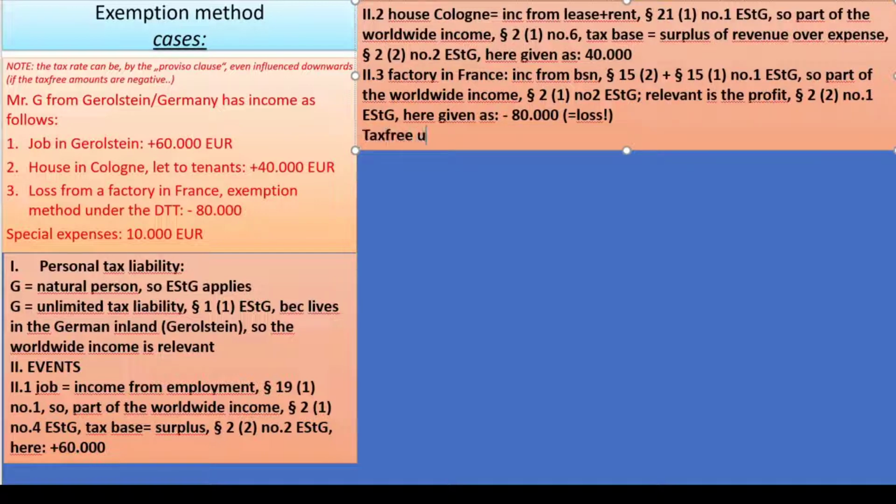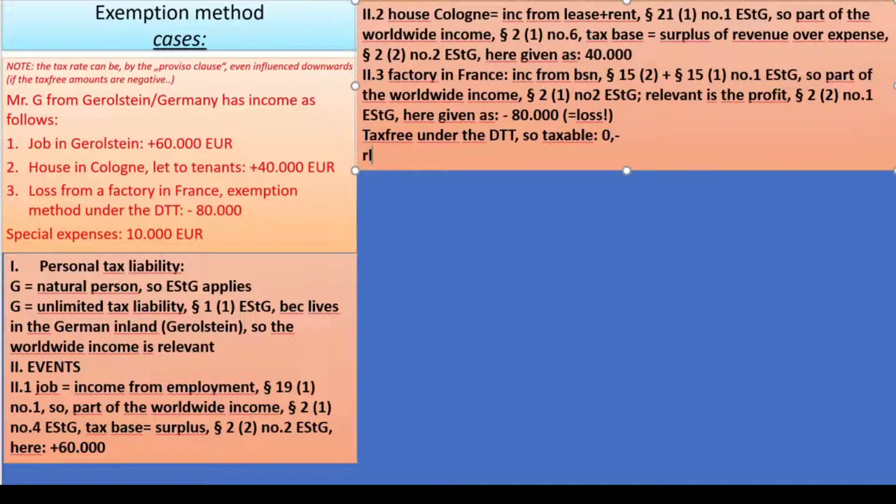But tax-free under the DTT, so taxable amount is 0. Relevance for the progression? And the answer is yes.